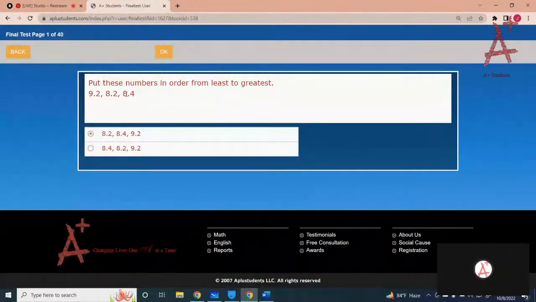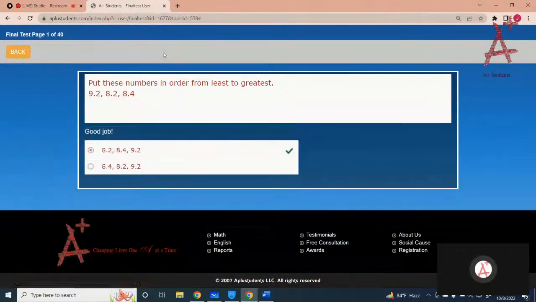And then you have 8.4. Compare their whole numbers. So 8.2 and 8.4 have the same whole number. Now just look at their decimal numbers. So 2 is smaller than 4, so 8.2 is the smallest one, then you have 8.4, and then you have 9.2. Got it? Select the correct option and click on the OK button.